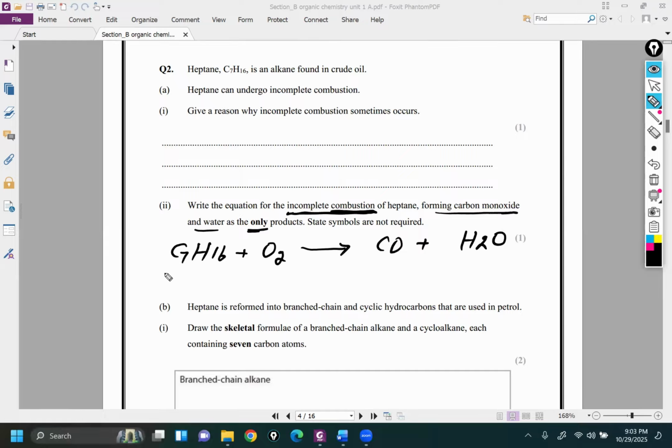Now we have to balance the equation, state symbols are needed. Carbon 7, so 7. Hydrogen 16, so make it 8. Now 8 times 2, 16. Let's come to oxygen. This is 7 and this is 8. So total oxygen on the product side is 15. You can write here 7.5. You can write this also. So this is the balanced equation.